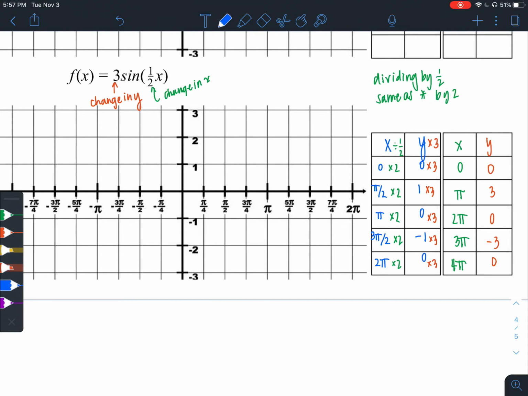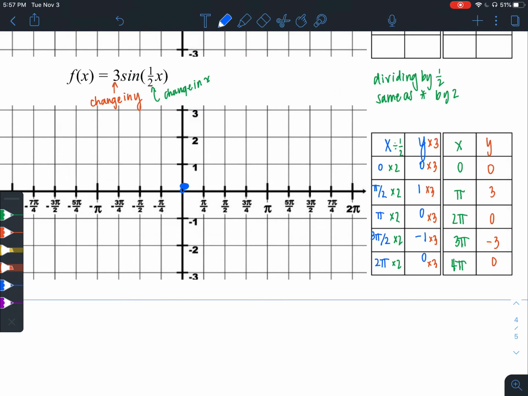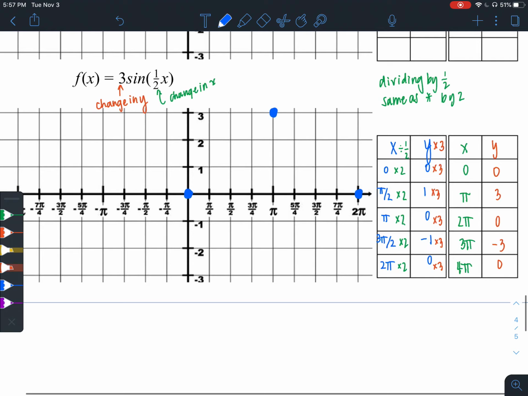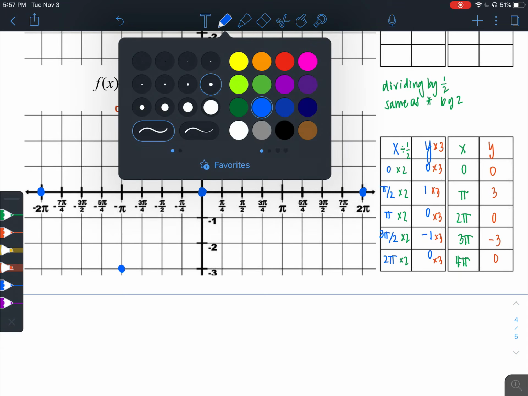So my function starts at 0, 0. Then pi, 3, 2 pi, 0. I run out of room, so I'm going to continue the pattern in the opposite direction just so we can get a full picture.